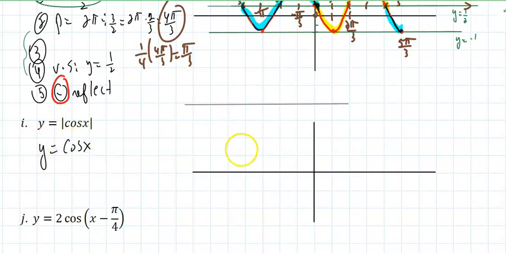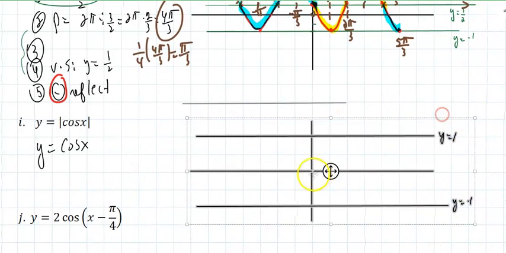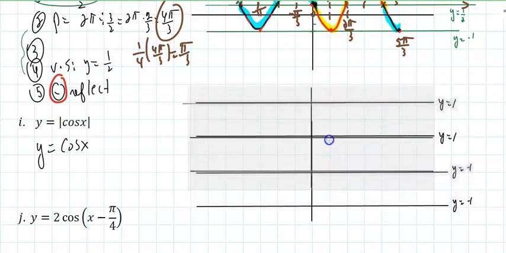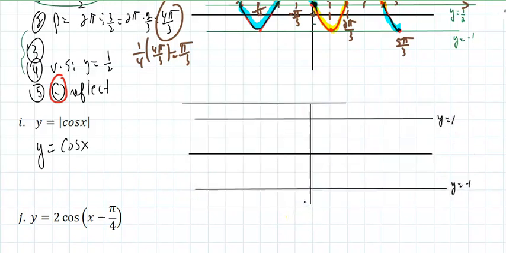I know how that graph runs. That graph runs between y equal 1 and y equal -1. So what I do, I sketch the graph.